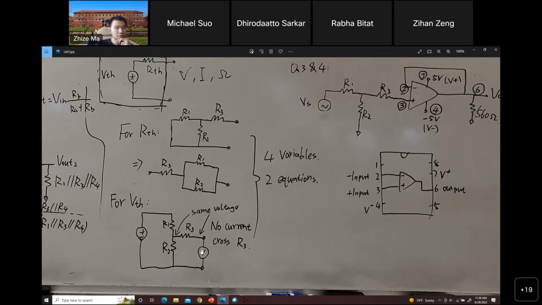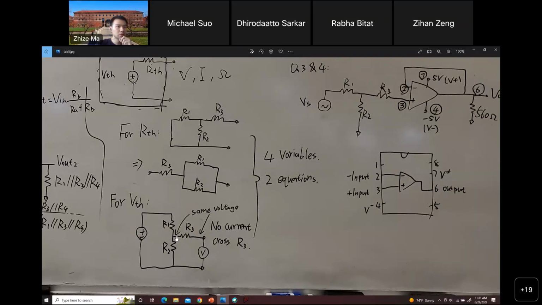If you have a voltmeter here, ideally its resistance is very large, so there's no current going here. So there's no voltage difference at this point and this point, which means R3 does not affect anything. Only R1 and R2 affect the output and all the VS outputs.